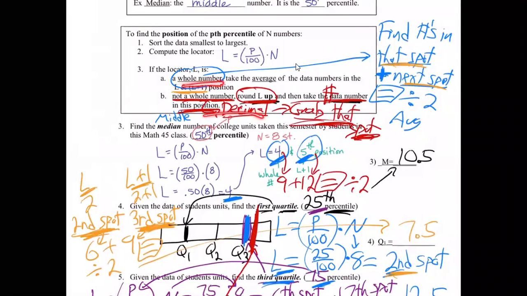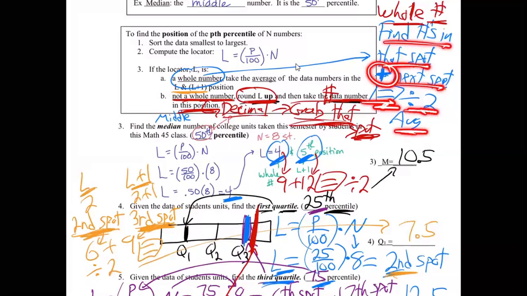If you get a whole number, in fact, let me write that over here for you to be more clear. Whole number. If you get a whole number, then you find the number in that spot and the next spot, add them, hit equals, and divide by 2. Notice you're taking the average.